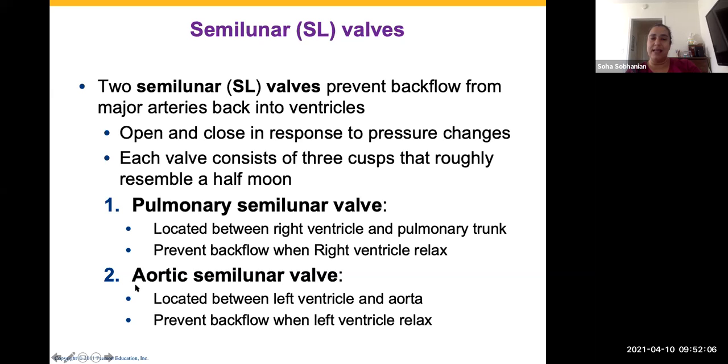The aortic valve, as the name implies, is associated with your aorta and your left ventricle, and it is engaged when my left ventricle is relaxing.